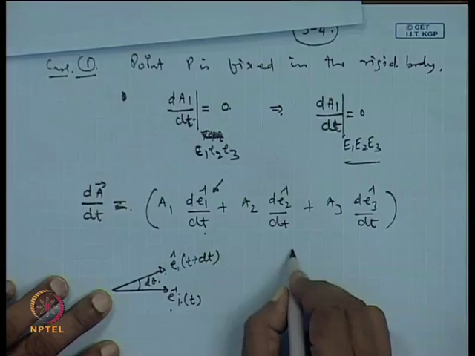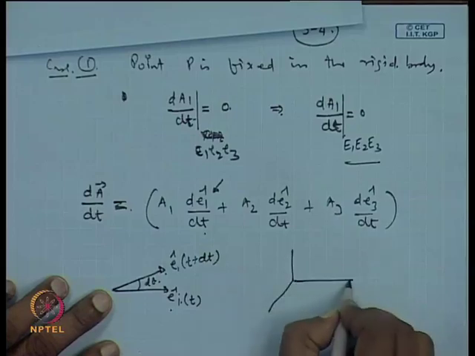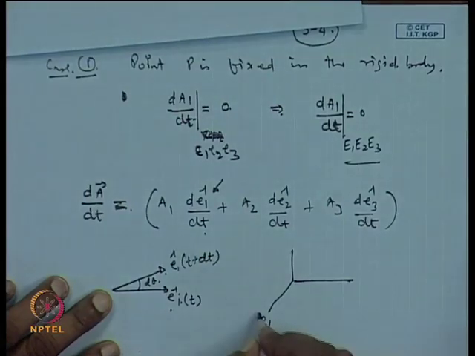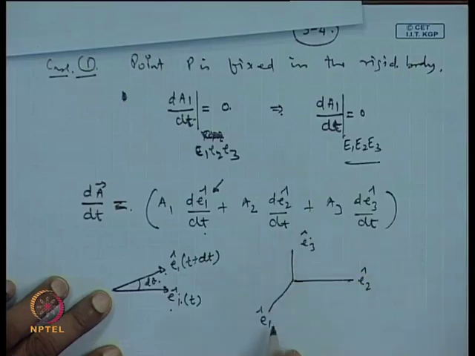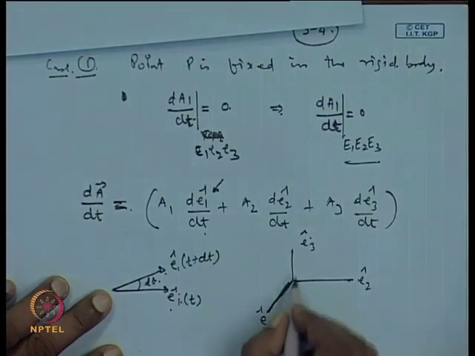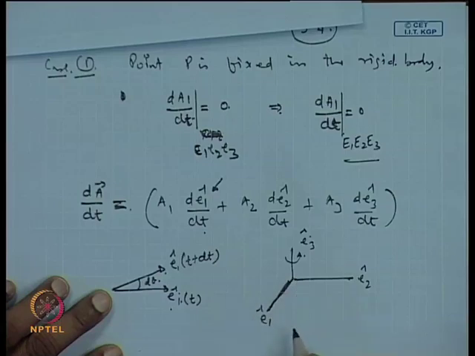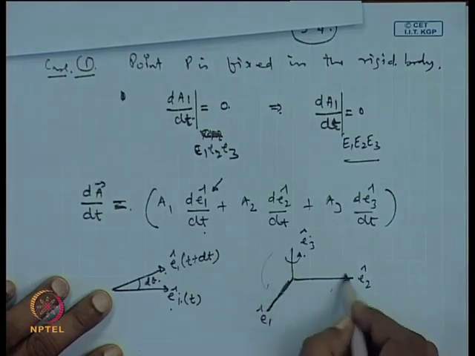Okay, so you look at this figure. Here this is the vector e1, this is the vector e2 and this is the vector e3. The rotation of this vector will depend on rotation of this vector in this plane, and in this plane it will depend on the rotation.